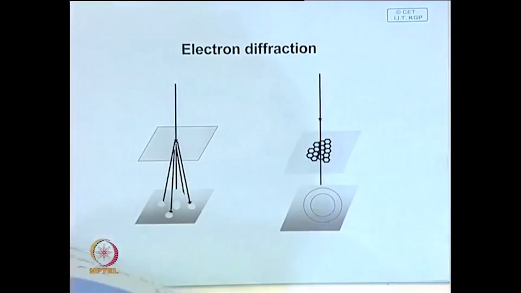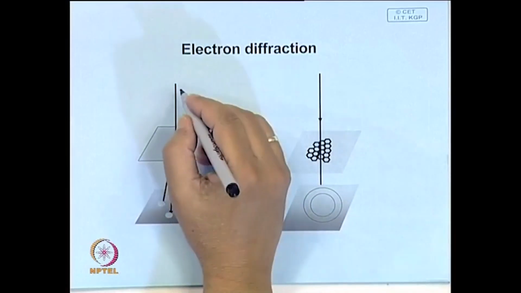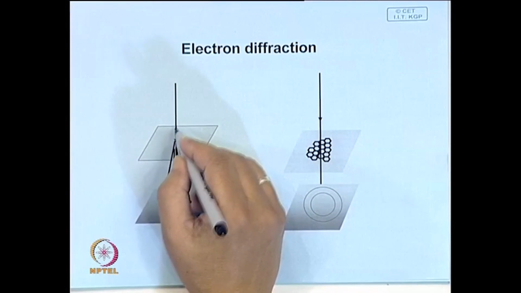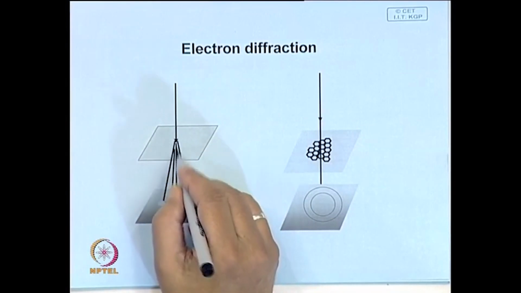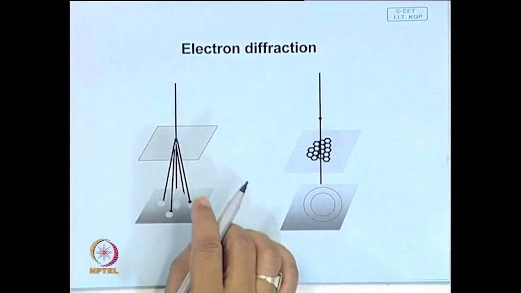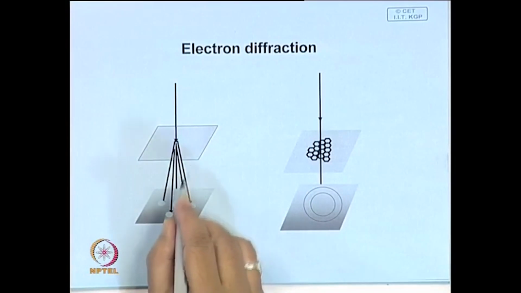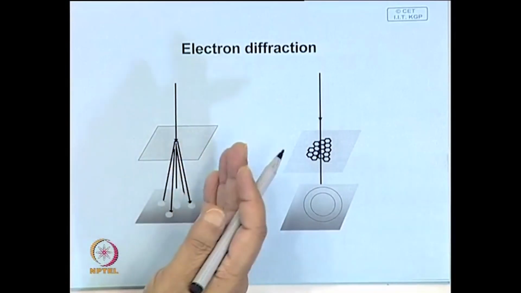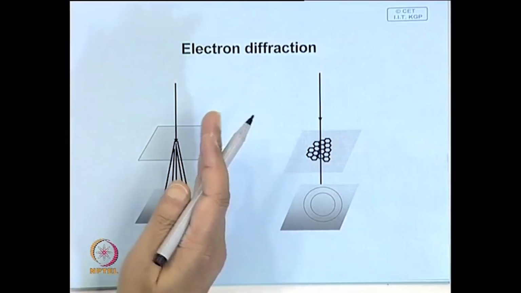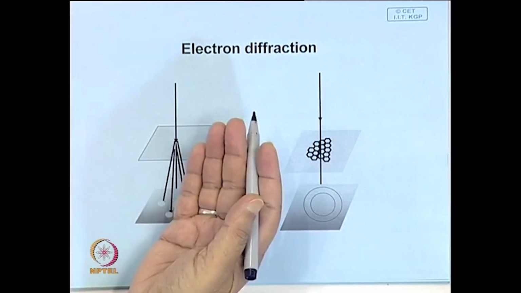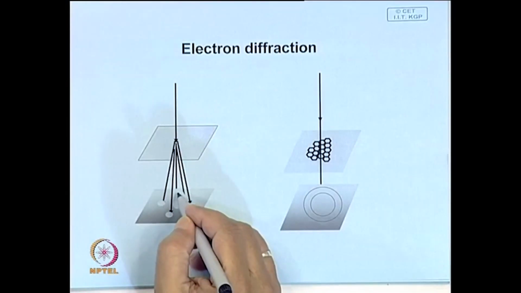We also looked at electron diffraction, since the electron also has a wave character. When it passes through a sample, some of the beams will get diffracted. Here also it will exactly follow the same diffraction principle, and you can orient the crystal, because in the transmission electron microscope you can tilt the specimen and you can always bring the sample to a position where you get a diffraction pattern.